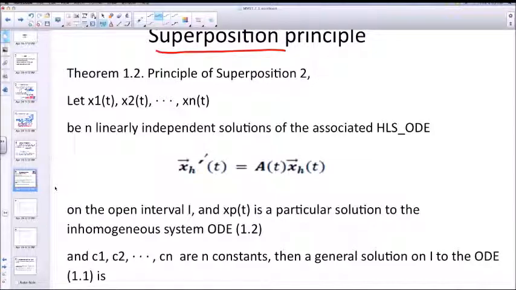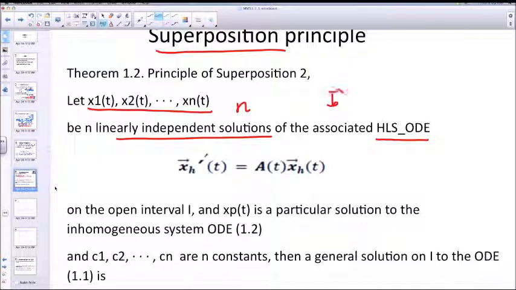And the superposition principle shows you this is the n linearly independent solutions to the homogeneous system. We call it the associated homogeneous system by dropping off this b(t).